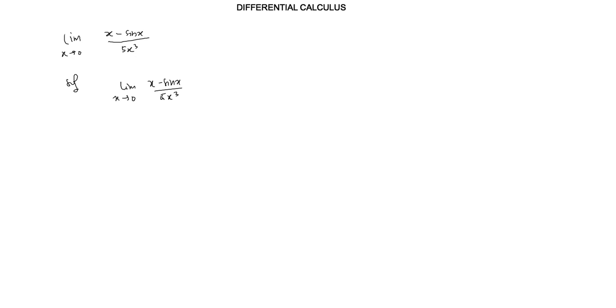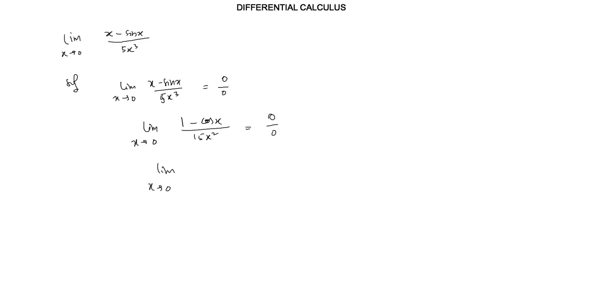Now when you substitute x as 0, you get 0 by 0, which is an indeterminate form, and by applying L'Hopital's rule here, we get limit x tends to 0 of 1 minus cos x divided by 15x square.